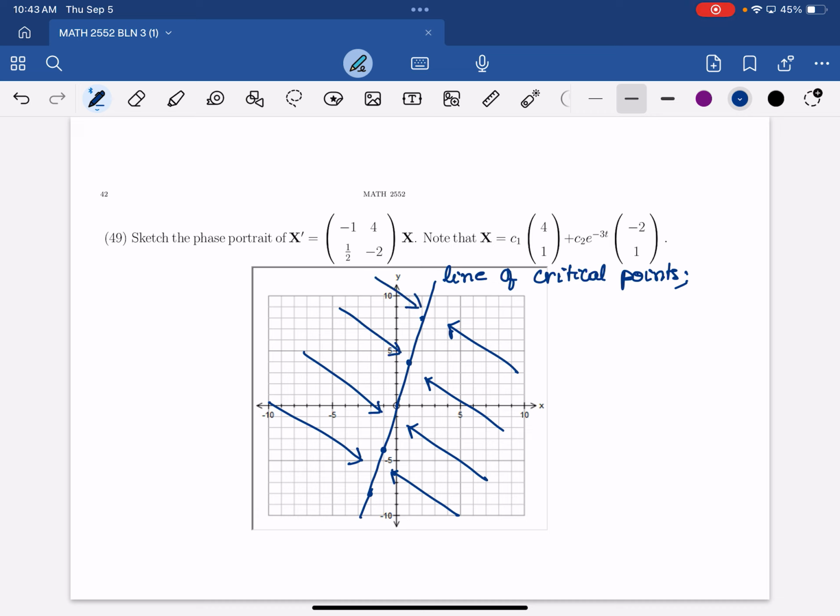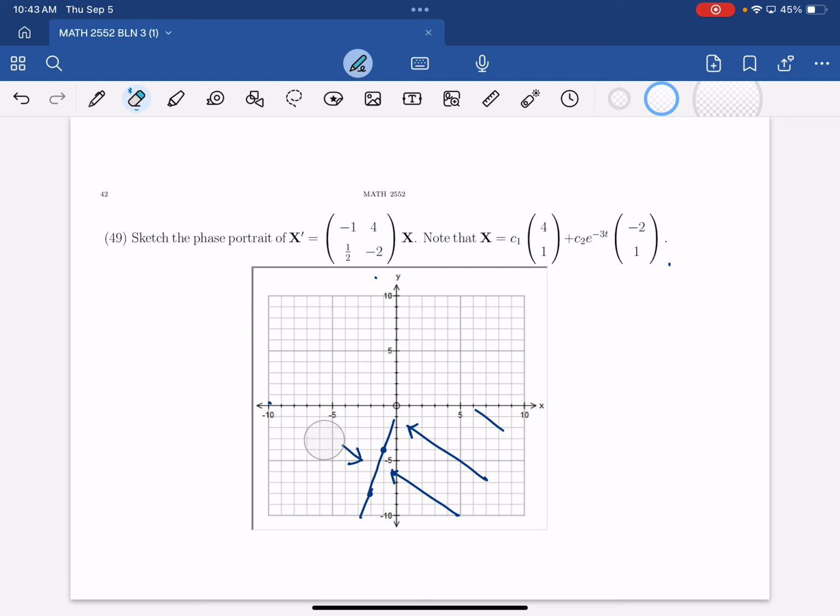Wouldn't the line basically be rotated a lot more towards (4, 1)? You're right, I got it wrong. Thank you for pointing it out. I apologize. It's 4 and 1, 8 and 2, so -4 and 1, -8 and 2.